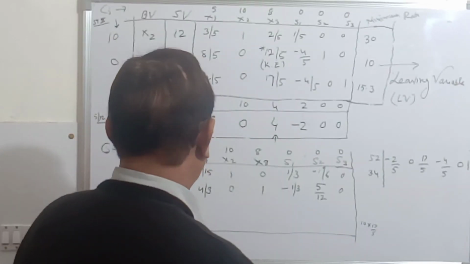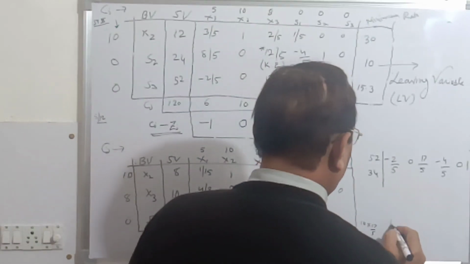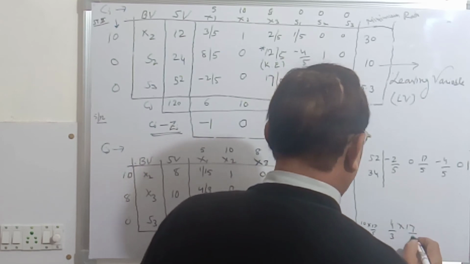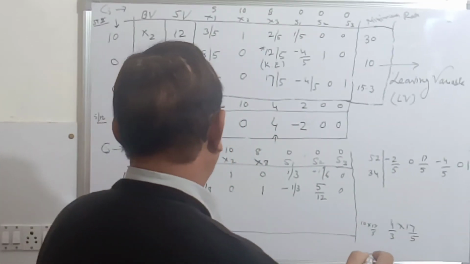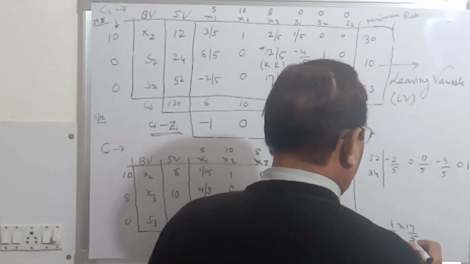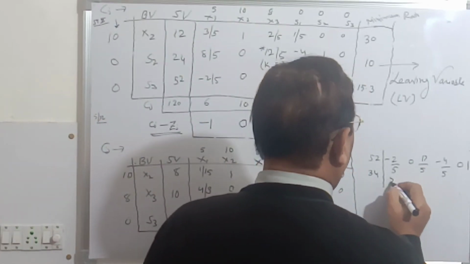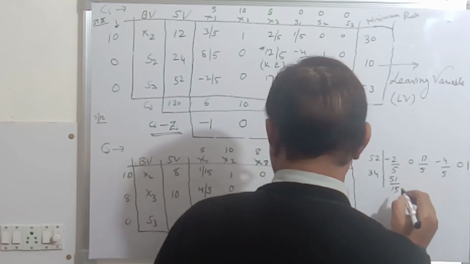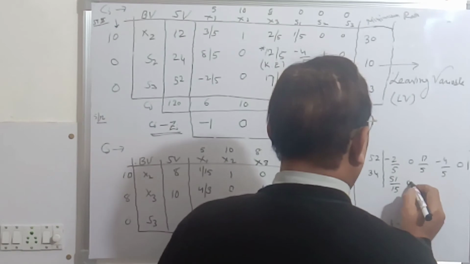This is 4 by 3 into 17 by 5, this is 51 divided by 15. This is 0.